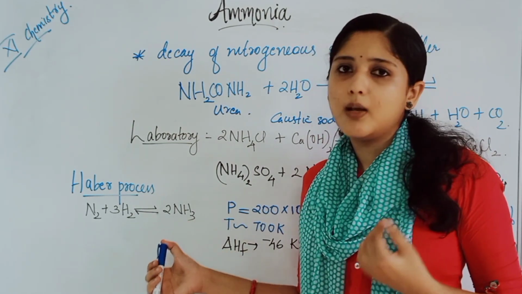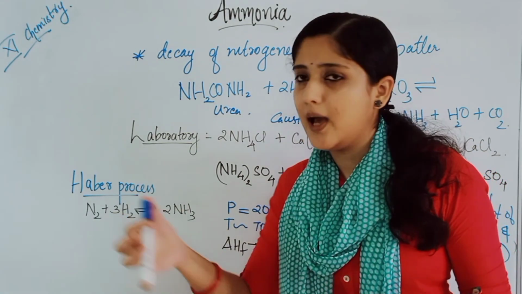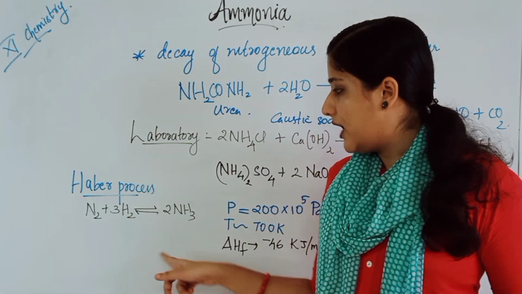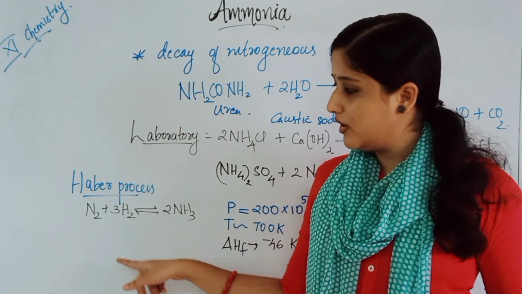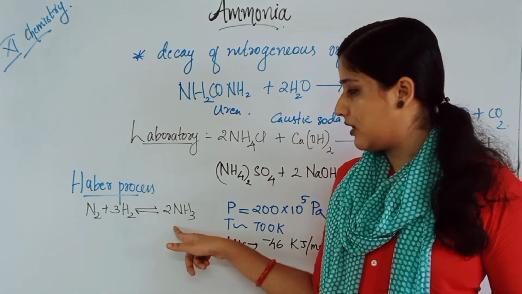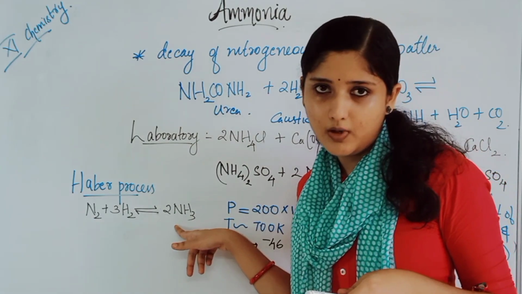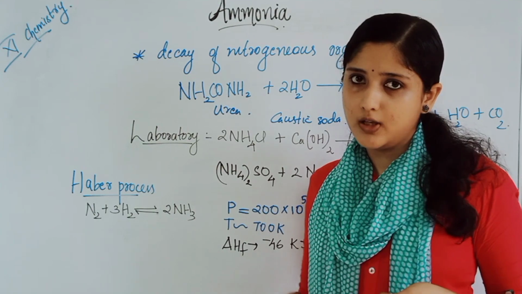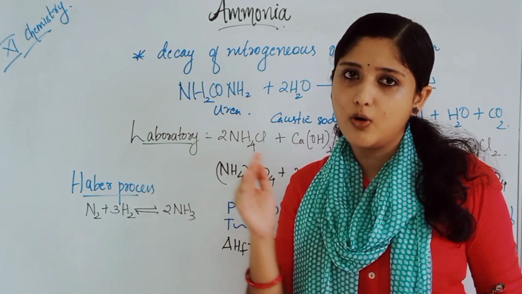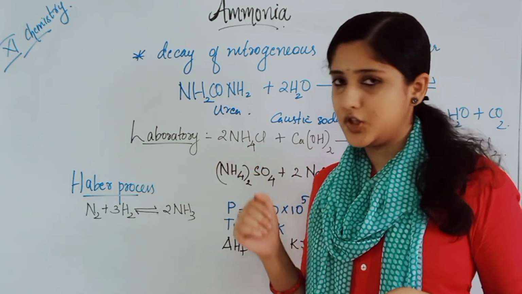If there is no higher pressure, as soon as ammonia is formed, it reversibly goes back to nitrogen and hydrogen. You studied this in equilibrium, isn't it? The forward reaction happens only at higher pressure.